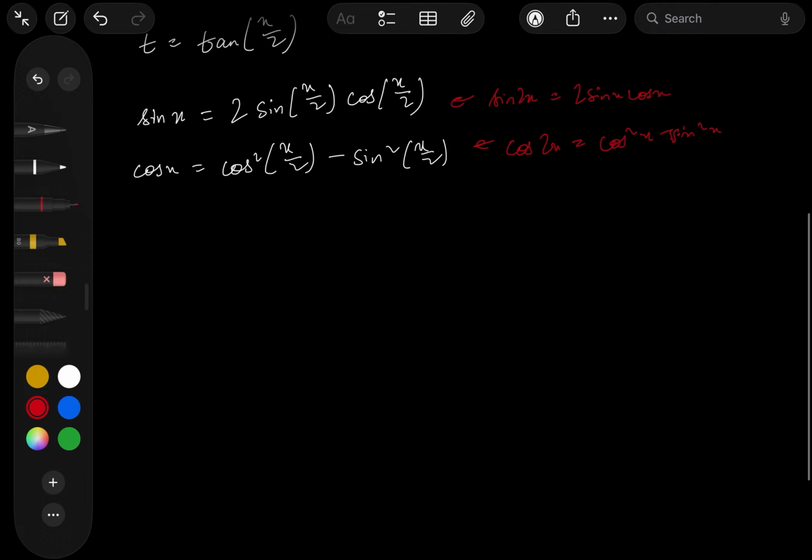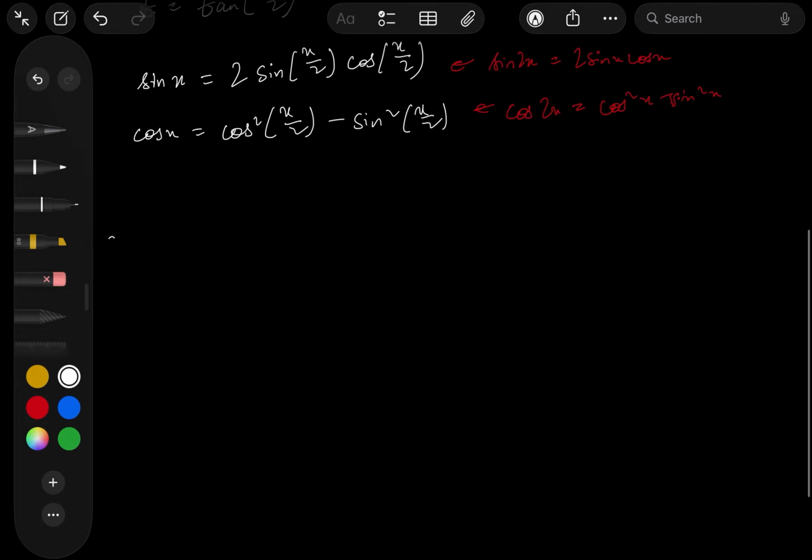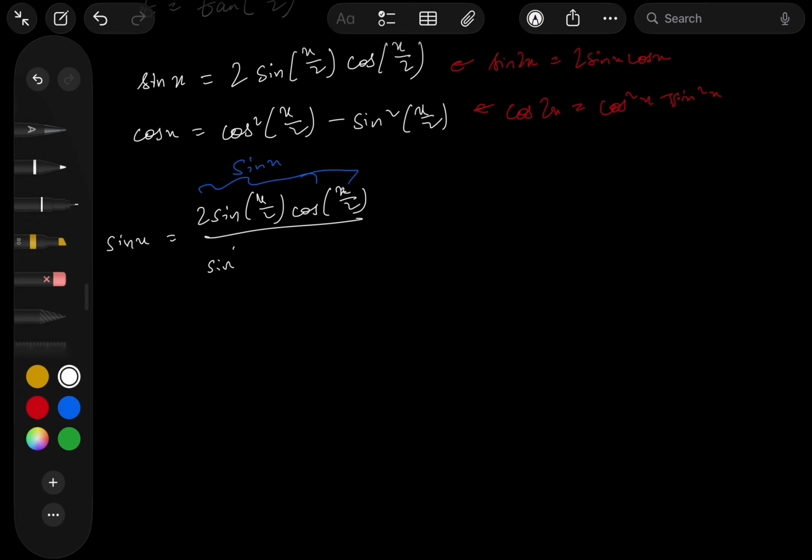So using this, we can simplify these integrals. We can start by writing sine of x as 2 sine x by 2 times cos x by 2. So this whole thing is just sine x. And in the denominator, we're just going to write 1, so sine square x by 2 plus cos square x by 2, which is of course 1.